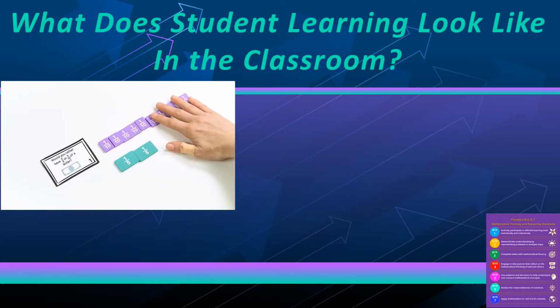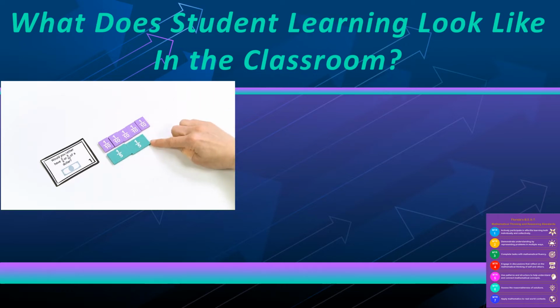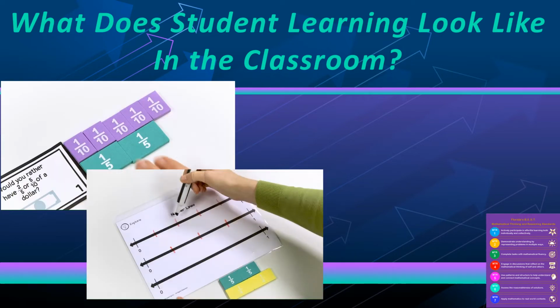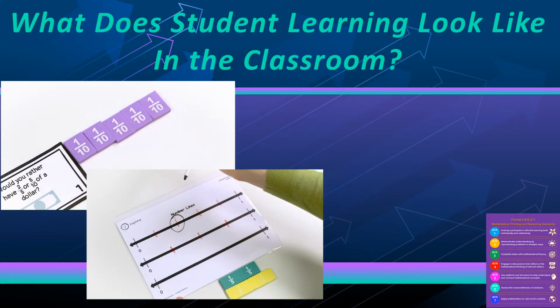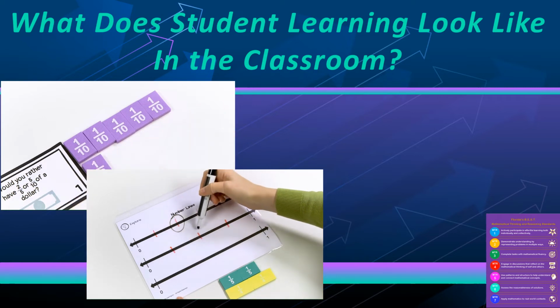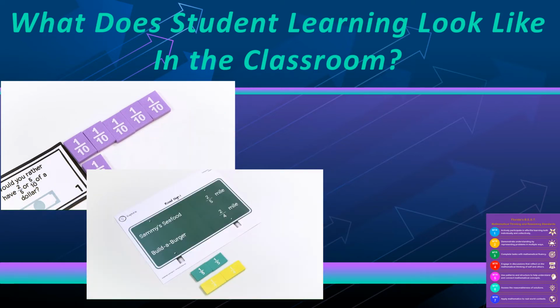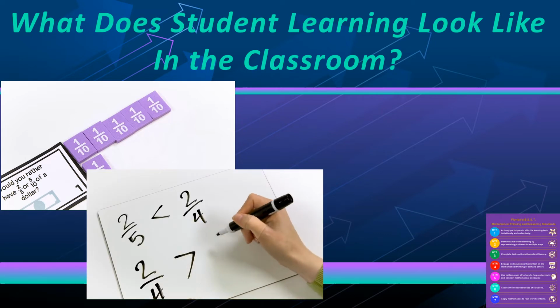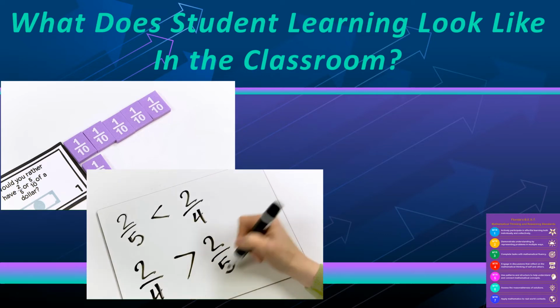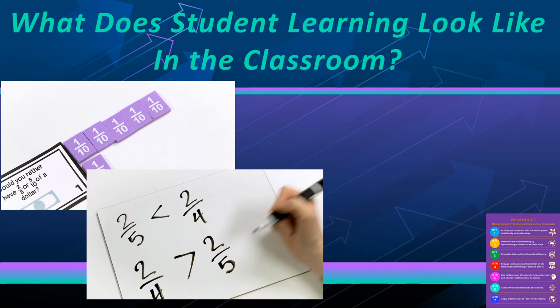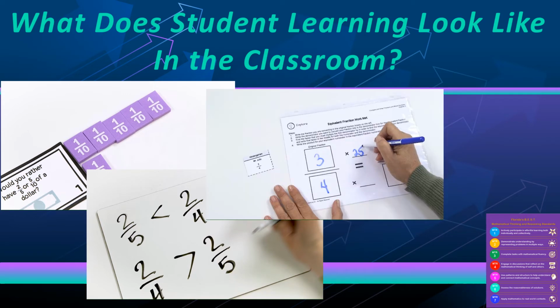What does student learning look like in the classroom? Here we can see students using fraction tiles to compare the fractions on the task card. We can also see students using a number line, either using a number line on its own or relating it to the fraction tiles or fraction circles that they are using. The students can then write the comparison of the fractions using greater than or less than signs.